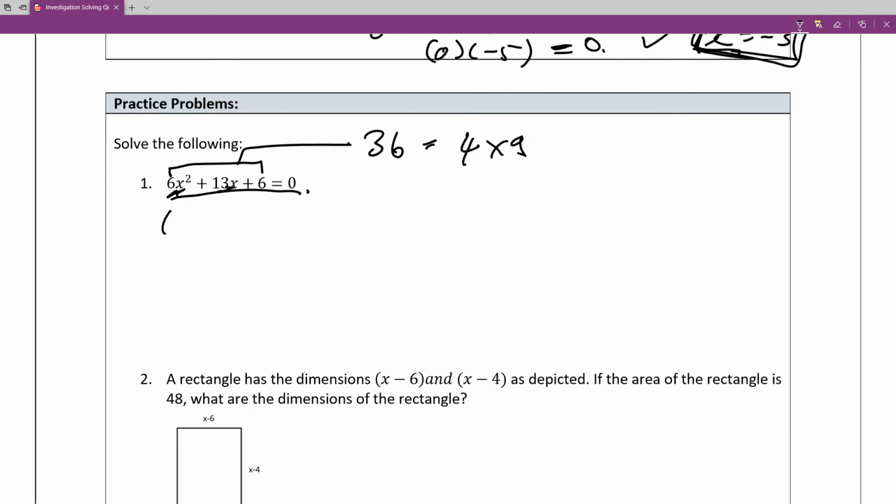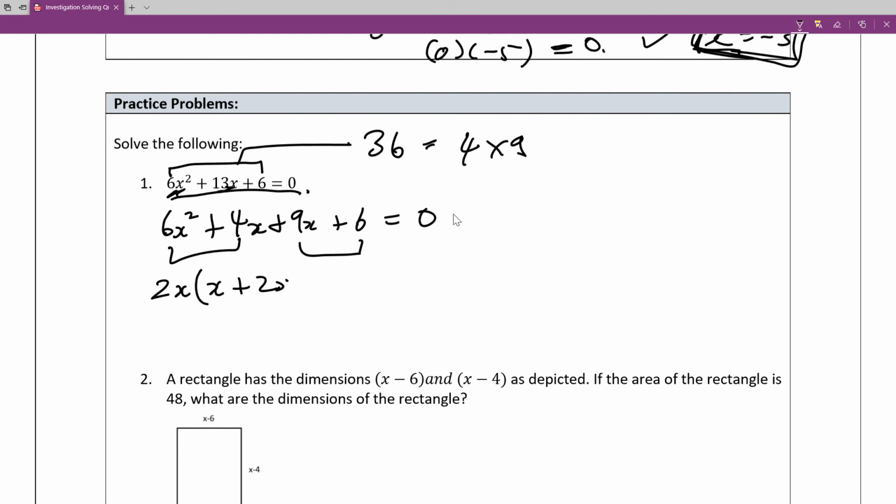So this is going to be equal to 6x squared plus, we decompose, 4x plus 9x plus 6, which equals 0. And then we can group these 2 and then factor out a 2x for the first set, and then a 3 for the second set.